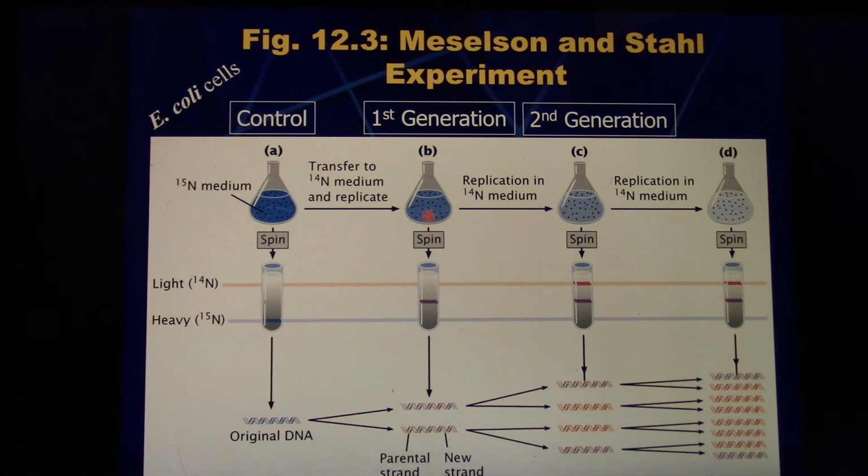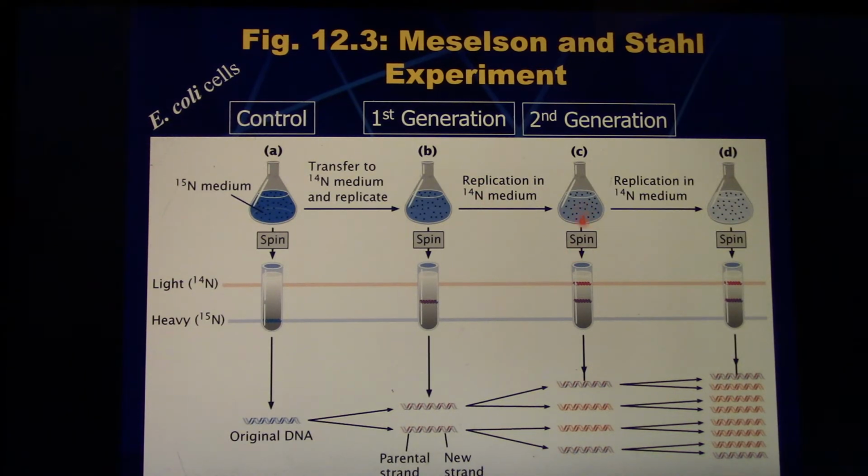spun these down, took off the nitrogen-14, transferred these bacteria to a new flask with more media. It has the sugar and all the good food for the bacteria to grow. That had N14, nitrogen-14 in it.